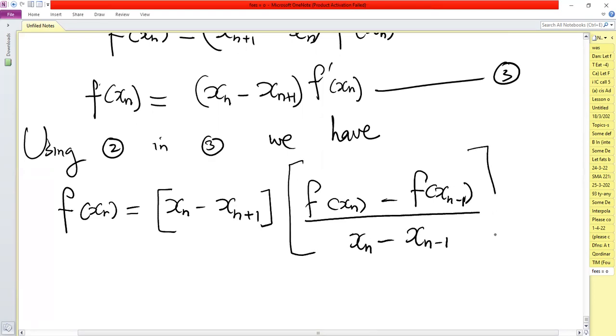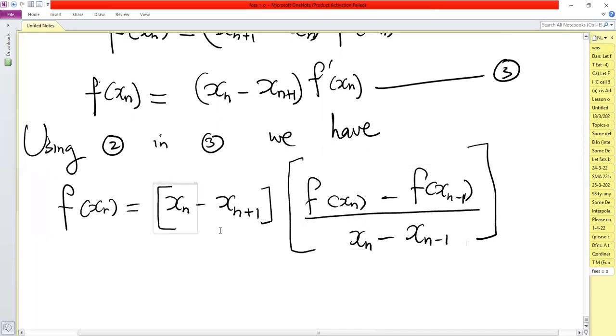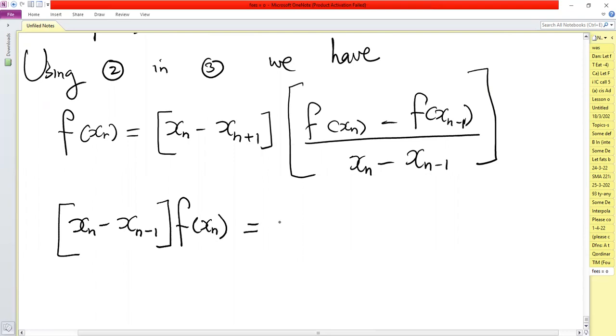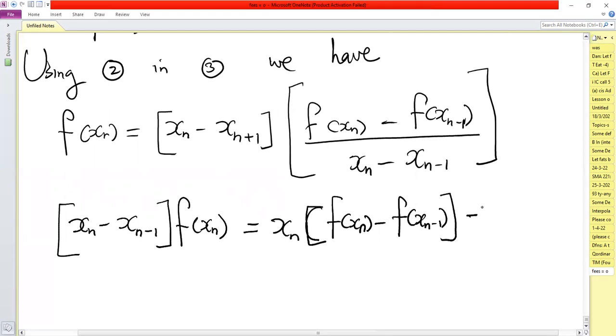So this is the f prime. I multiply through by this quotient, and I have xn minus xn minus 1 multiplied by f of xn equals xn into f of xn minus f of xn minus 1, and then minus xn plus 1 into f of xn minus f of xn minus 1.